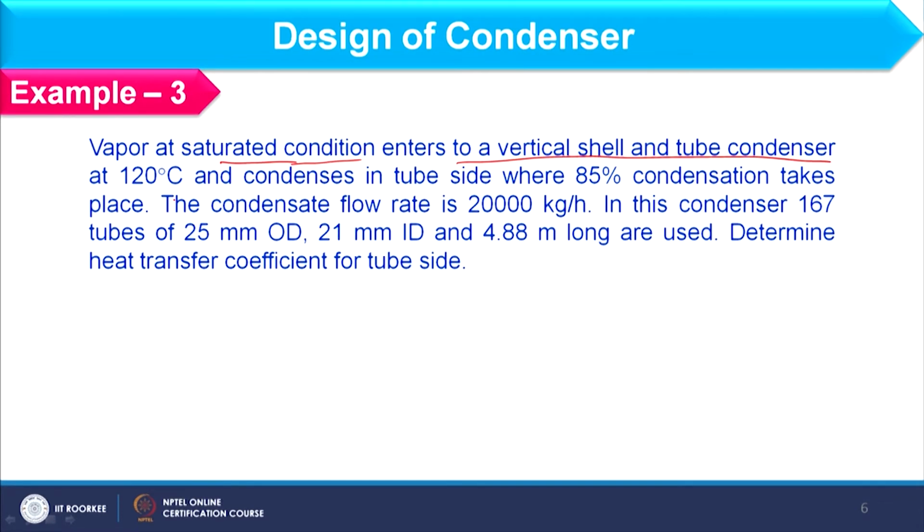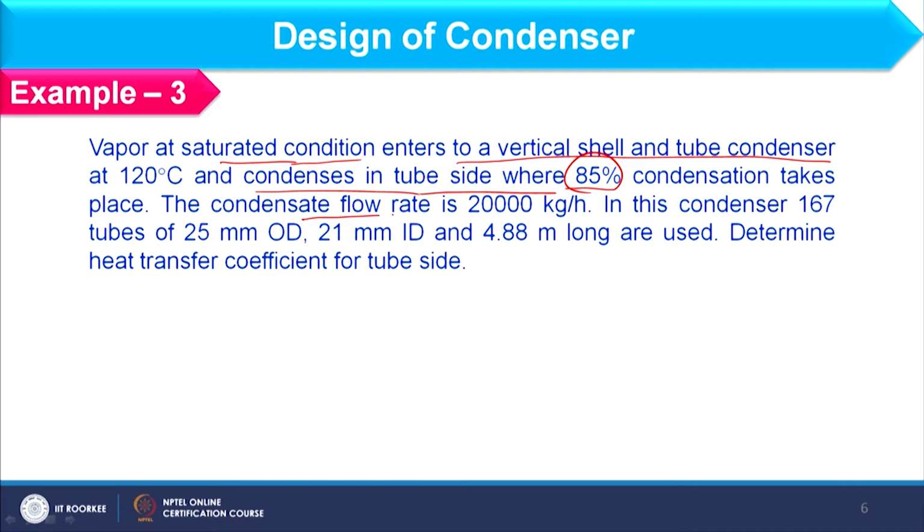So, the orientation is given to you, that is vertical shell and tube condenser, and in this case condensation is occurring in the tube side, where 85% condensation takes place. So, vapor is entering at saturation condition, the X value should be 1 and 85% condensation is occurring. So, at the exit point the X value should be 0.15, right.